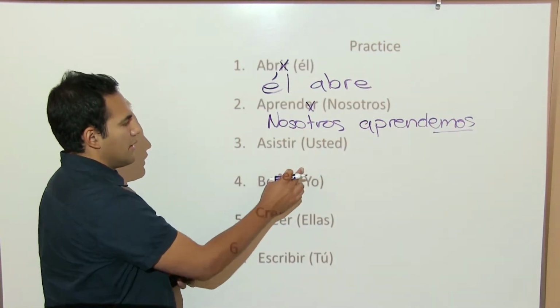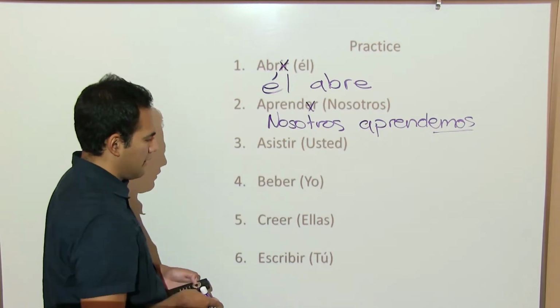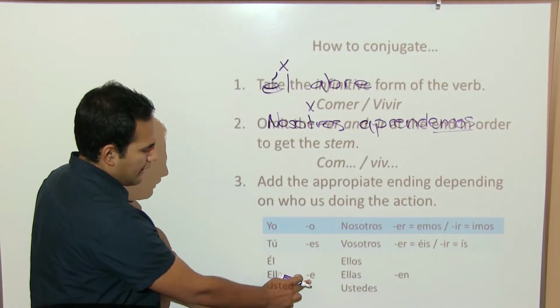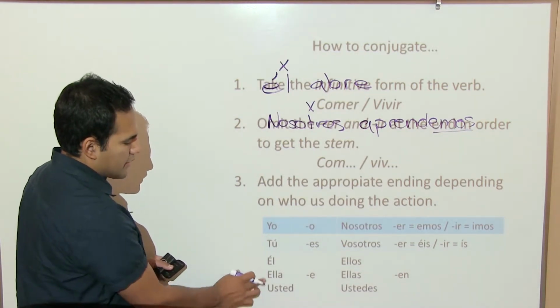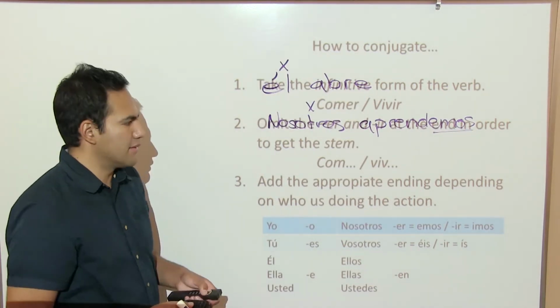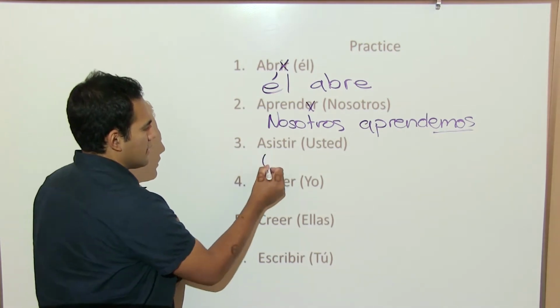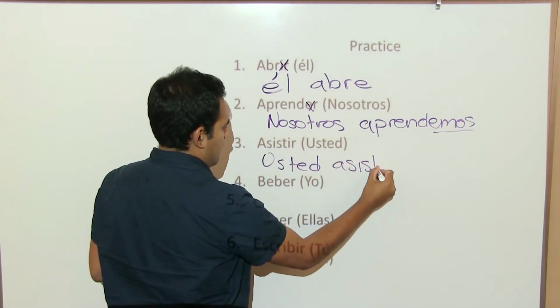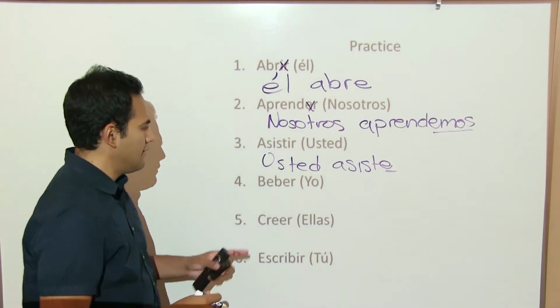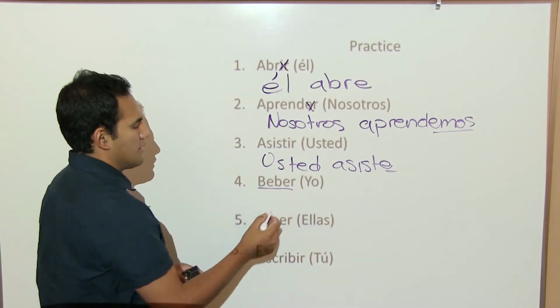So for this one, we're going to use e. And just for you to remember, él, ella, and usted share the same ending, which is nice, so it's not hard to remember. So, usted asiste. Okay? Next one, beber, which is to drink.